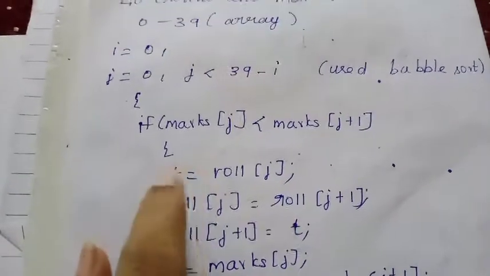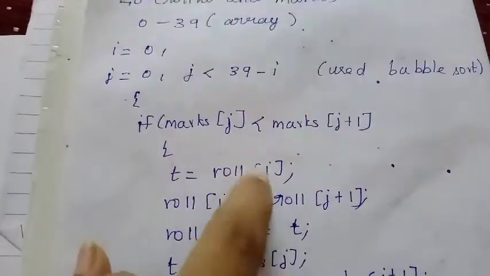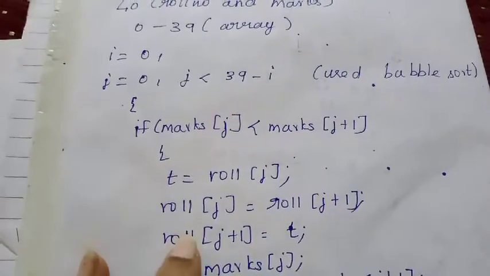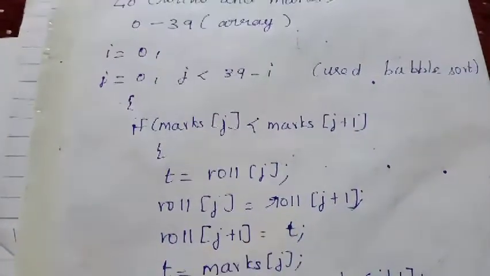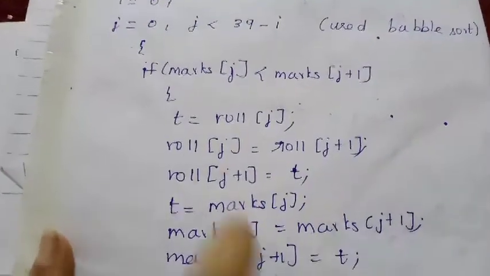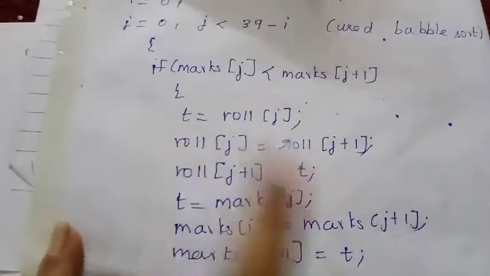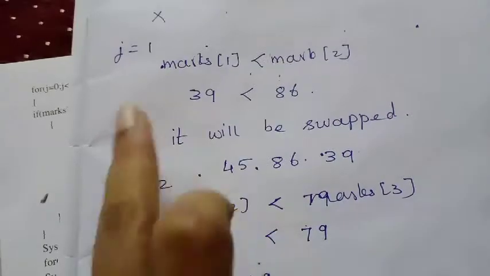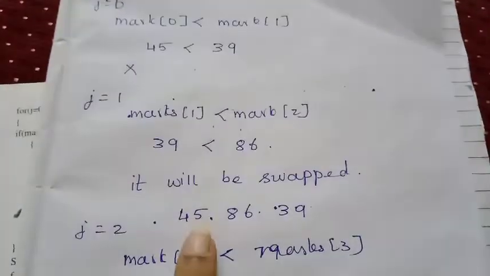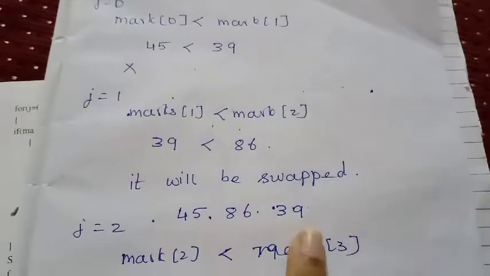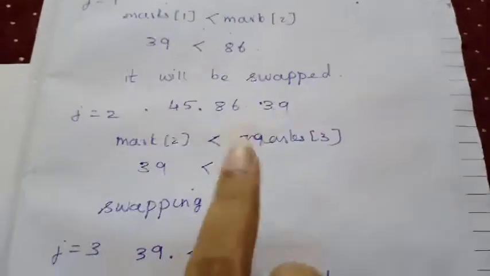Then the earlier value saved in the temporary variable will be pushed to roll of j plus 1. Similarly, the same process will be done for the marks, and this will also be swapped. So after swapping, this was your first order, and you will be getting 45, 86 and 39.